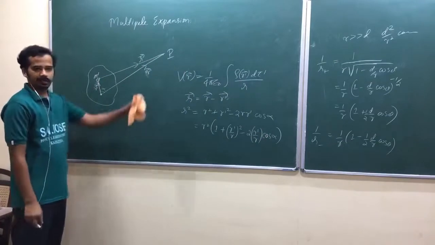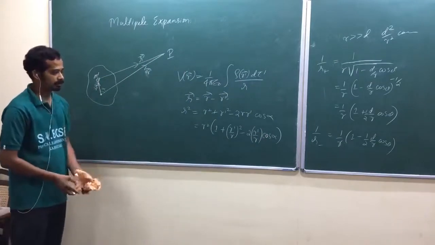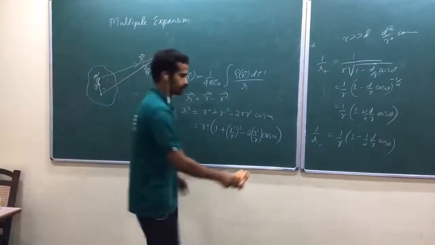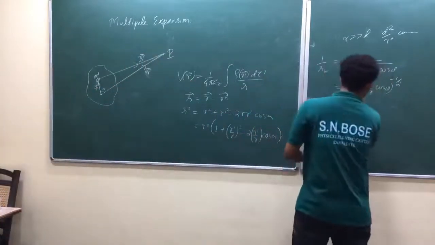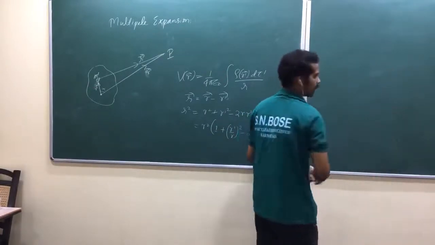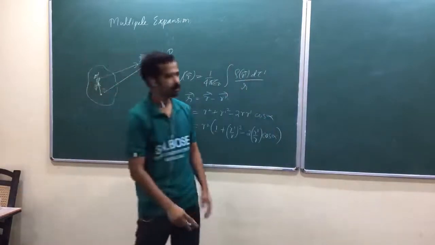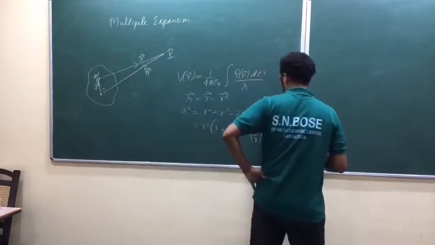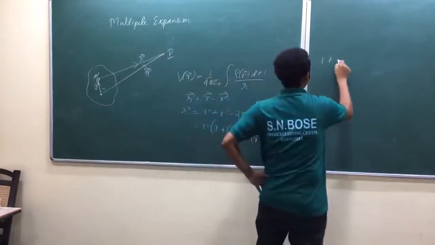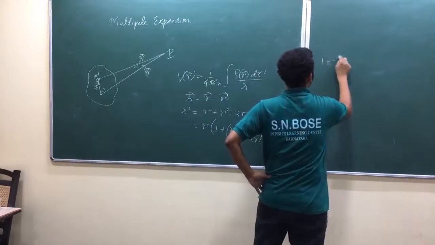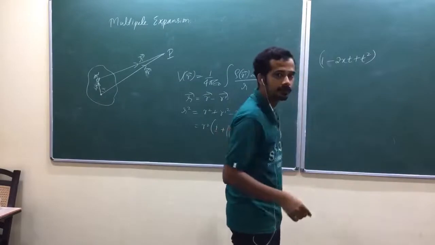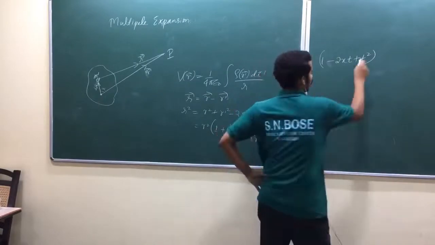Now I better stop here and work out some mathematics. We call something the generating function of Legendre polynomials. We haven't worked that out, and I wanted to spend some time on it. It is 1 over the square root of 1 minus 2xt plus t square, that is, raised to the power minus 1 by 2.